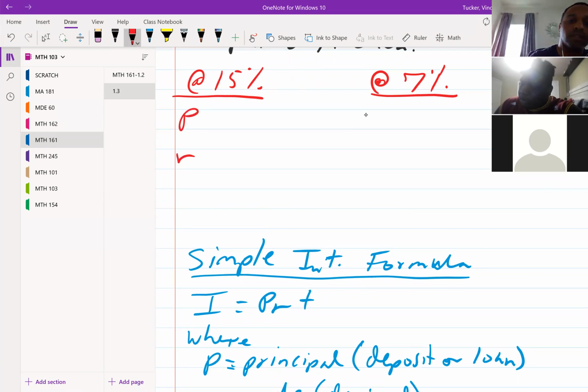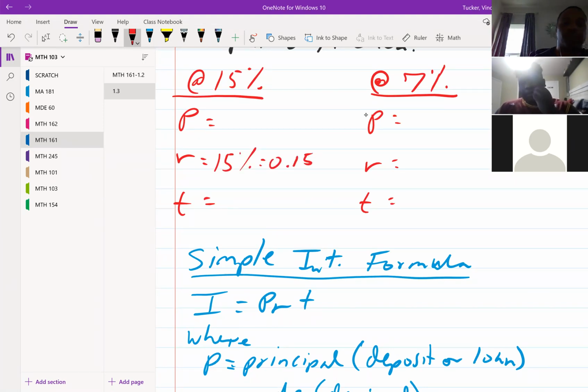P, R. All right. So the R and the T are already given, self-explanatory, 15% here. So it's going to go to 0.15, and time is 1 year.